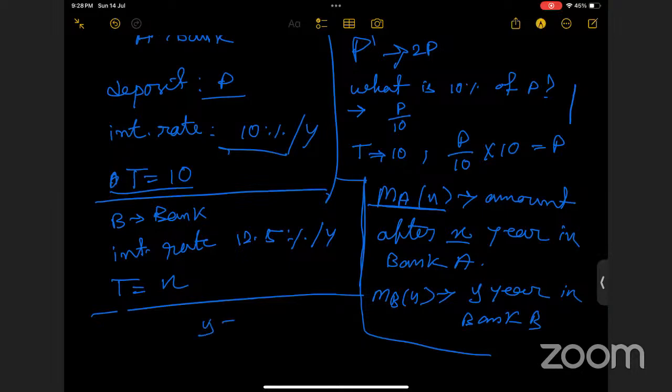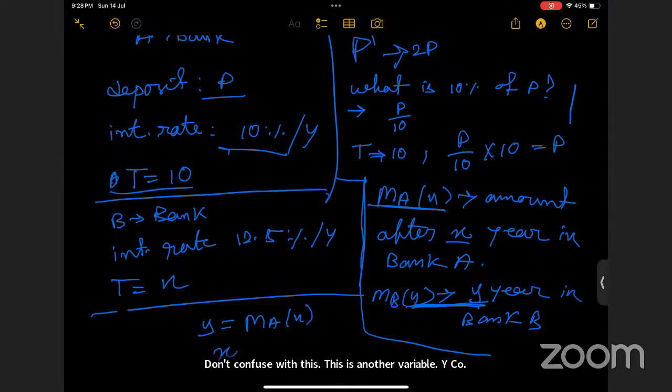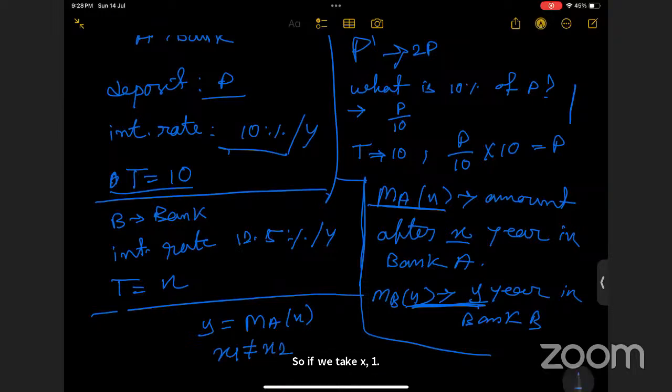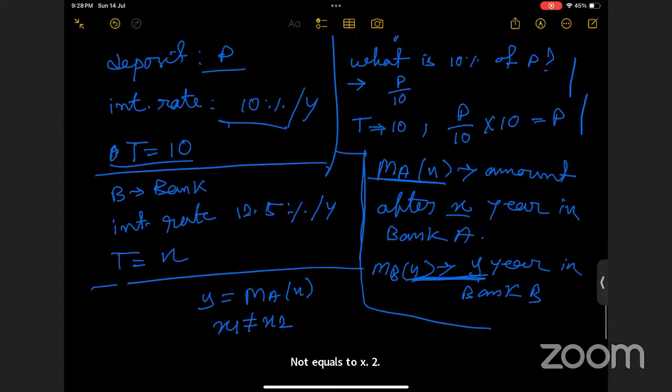If we take some Y, don't confuse with this, this is another variable Y equals MA of X. So if we take X1 not equal to X2, then we can imply MA of X1 is not equal to MA of X2, right?